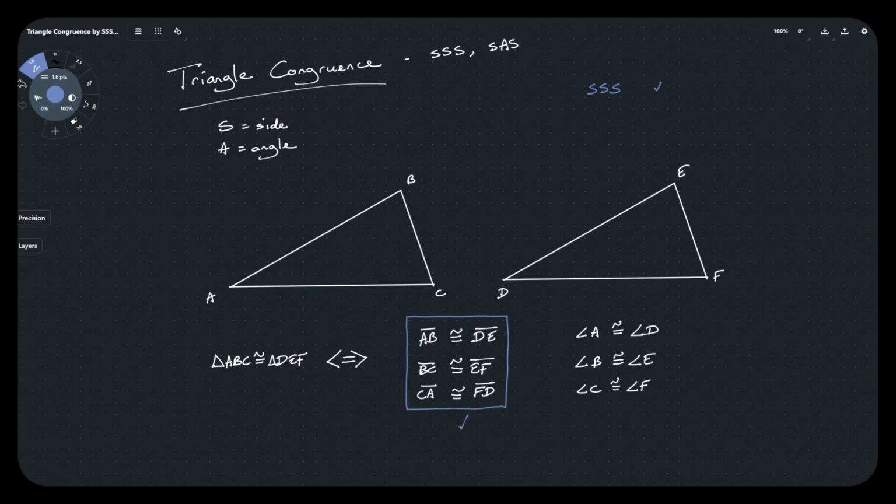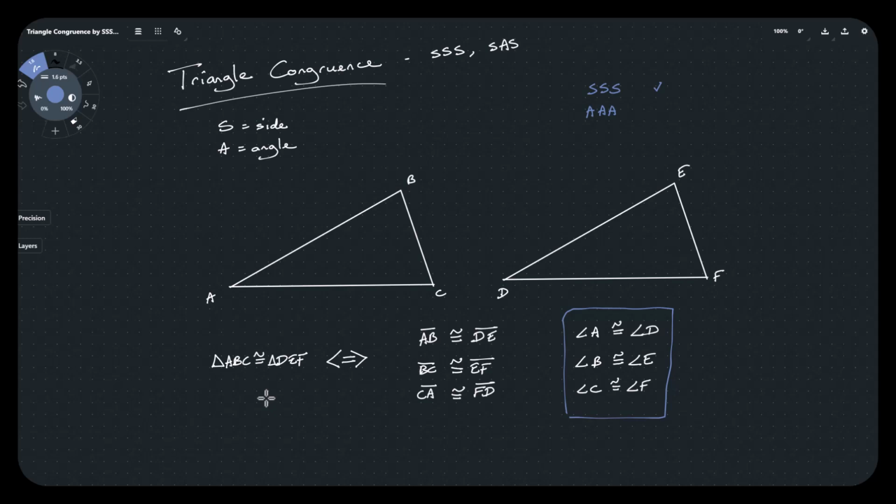But it's not everything that works that way. Let's say I have less information. Maybe I don't have that all my sides are equal. If I have that all my angles are equal, so angle, angle, angle, is that enough?